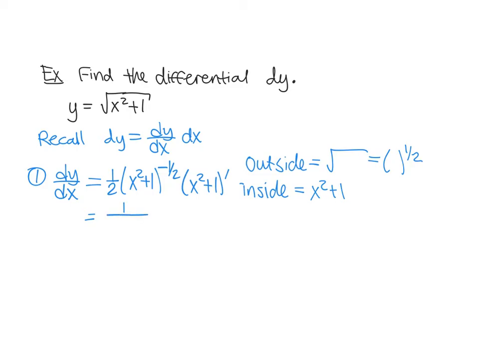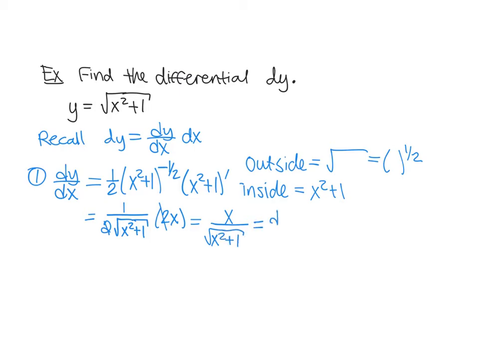Let's clean up this negative exponent. I'm going to bring it down to the denominator, and it becomes the square root down in the denominator. And then times the derivative of x squared plus 1, which is just 2x. The 2's cancel, and we're just left with x over the square root of x squared plus 1.